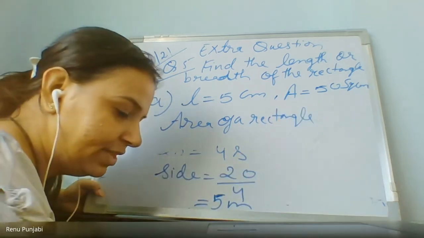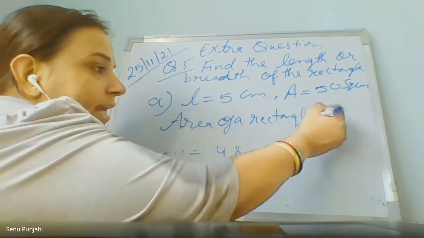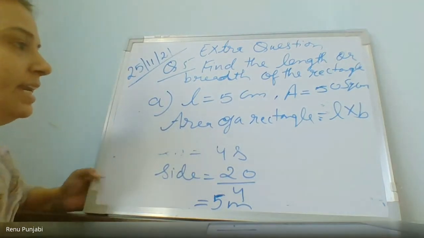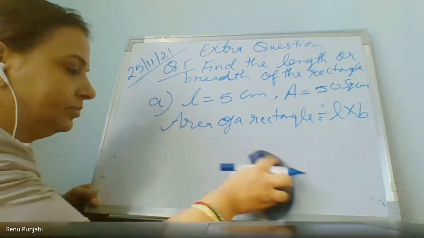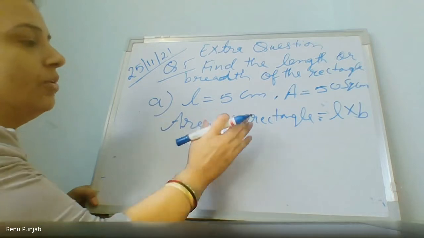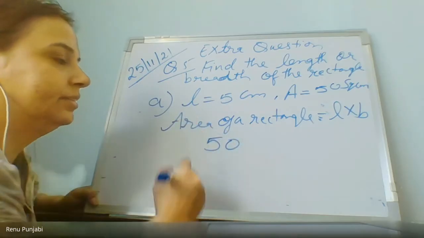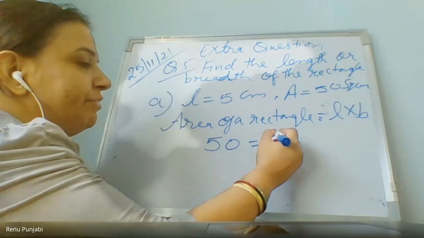What is the area of the rectangle? Length into breadth. When the area of the rectangle is length into breadth, at the place of the words area of the rectangle, you will write 50. Length is given, 5.